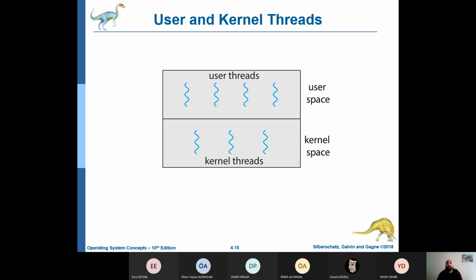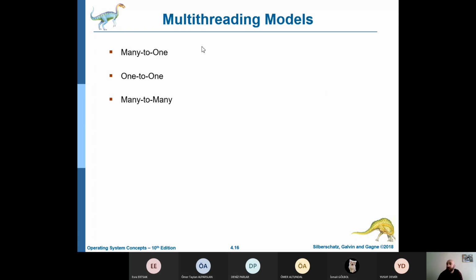On the other hand, we have kernel space, where kernel threads have to be created and managed by the operating system. So at some point, we have to create a relationship between user threads and kernel threads.